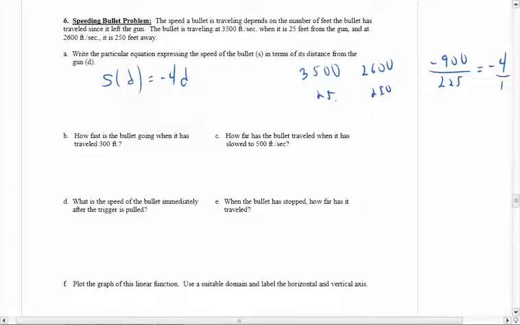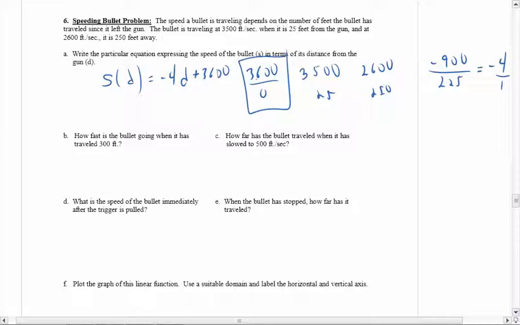I'm going to do that until I get to 0, which means I'm going to be adding 4 25 times, or it's like adding 100. That's the same thing as adding 4 25 times. And so what I end up getting is the point at which it's going to cross the y-axis, which is at plus 3600. Essentially what that means is that right when it came out of the gun, it's moving at 3600 feet per second.